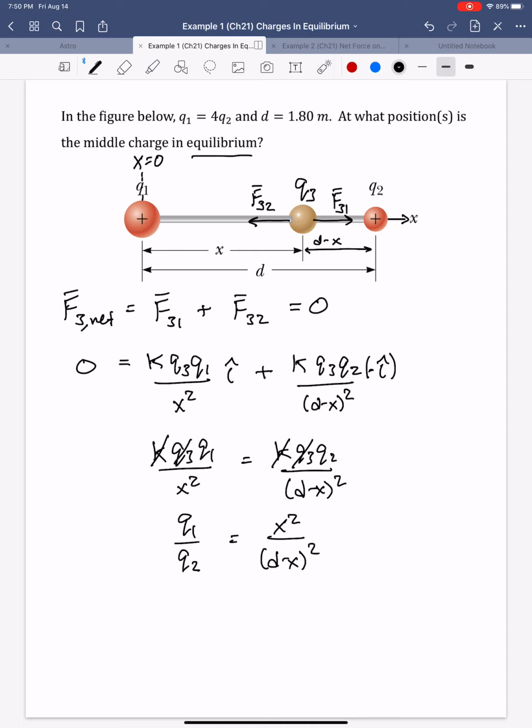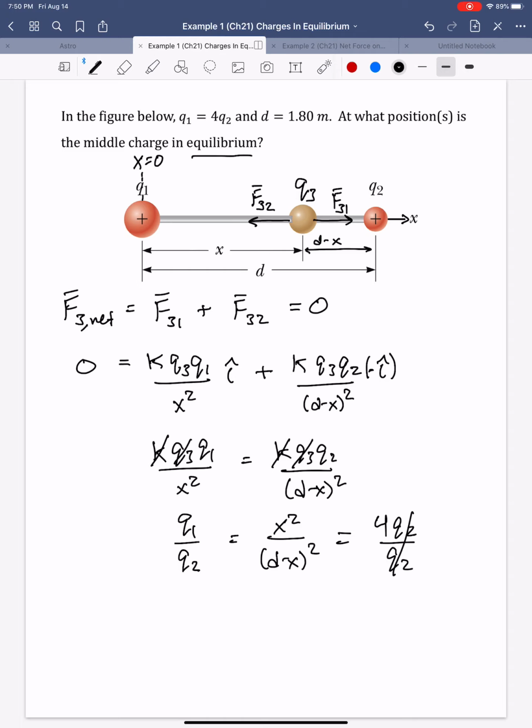Realizing that Q1 over Q2 we can actually get a value for, remembering that Q1 is 4 times Q2, I'll write that over here: 4 Q2 divided by Q2. Also, the problem never stated the value for Q2, so those go away.